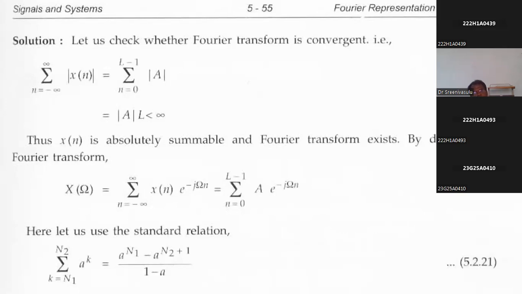Now instead of applying the entire limits, the rectangular sequence takes values from n equal to 0 to L minus 1, so that's why you write here n equal to 0 to L minus 1.